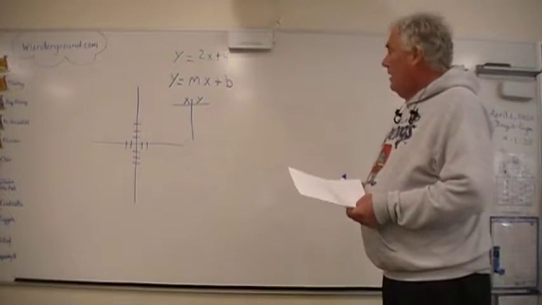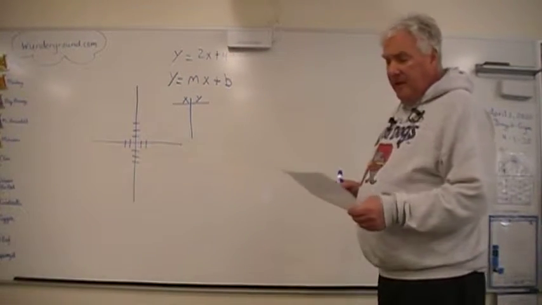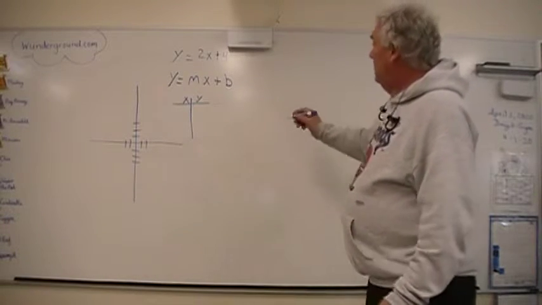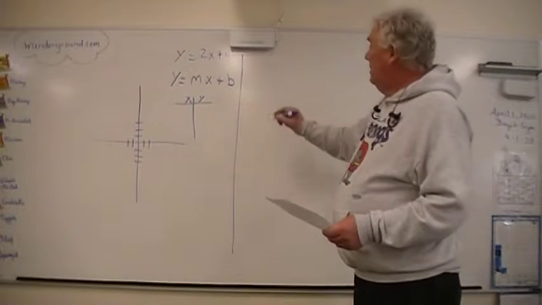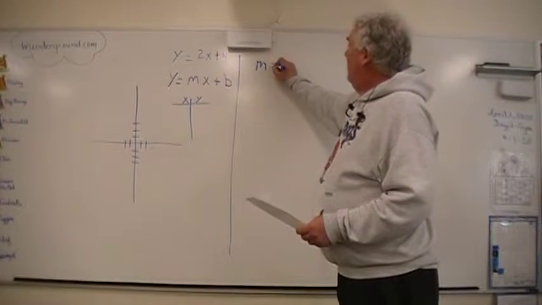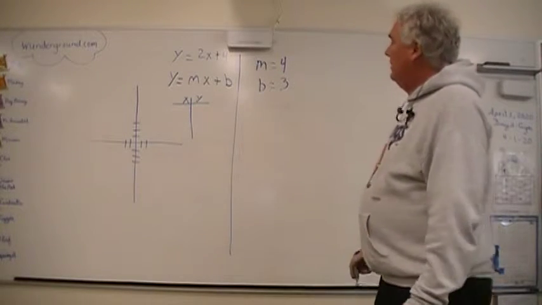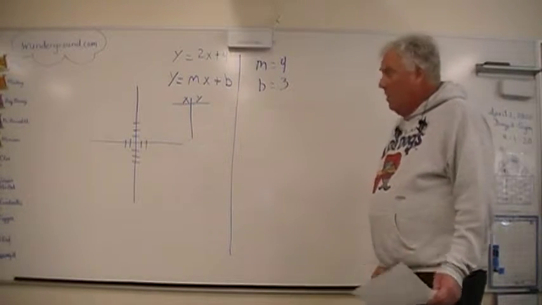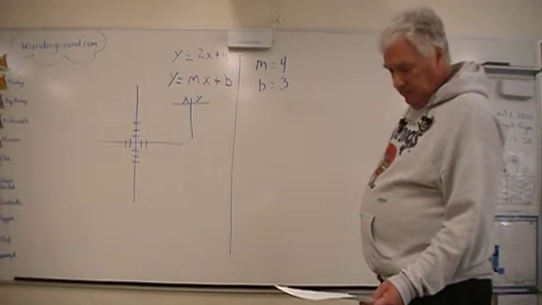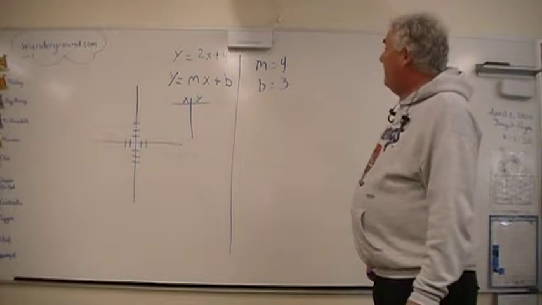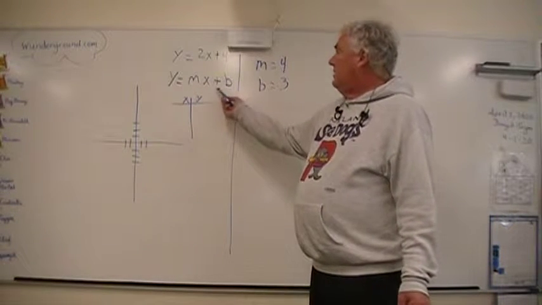So, some of the work we're going to do today. If I give you m equals 4 and b equals 3, what's the equation? That's our formula, y equals mx plus b.